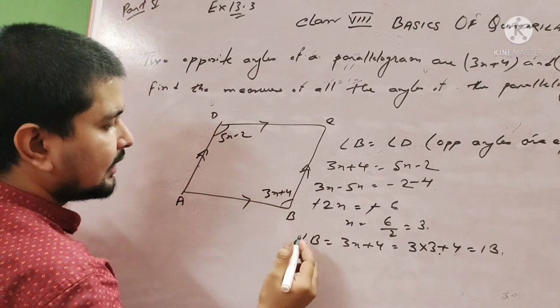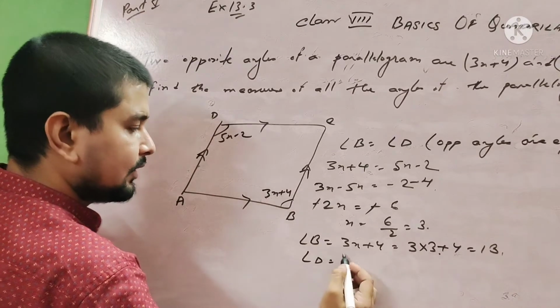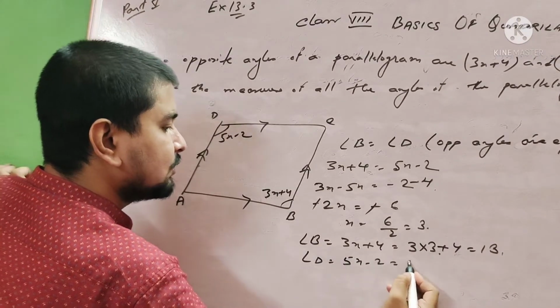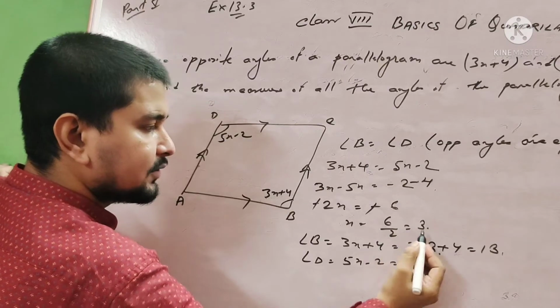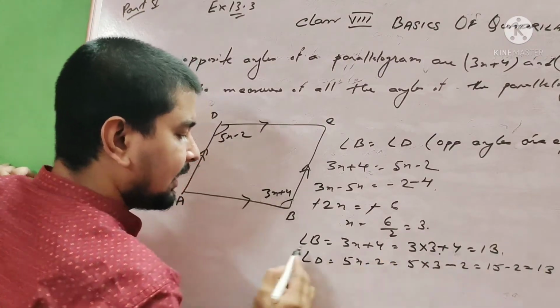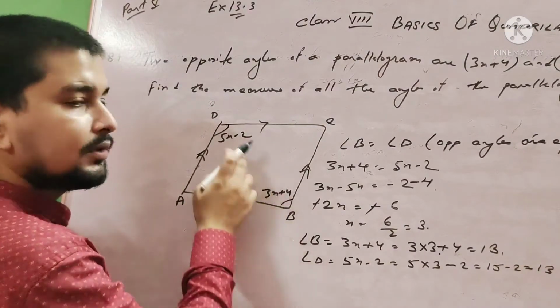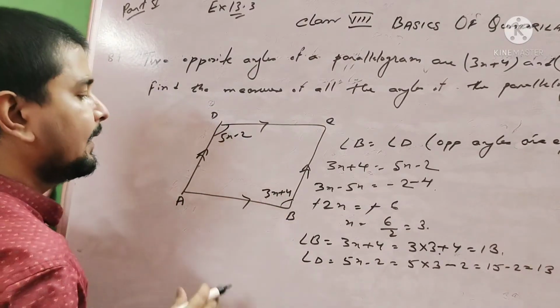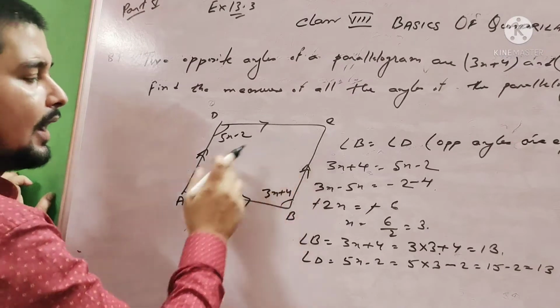Now time for angle D: 5x minus 2, 5 into 3 minus 2, 15 minus 2, 13. Angle B and angle D are 13 and 13 because opposite angles are equal. Now time for A and C.